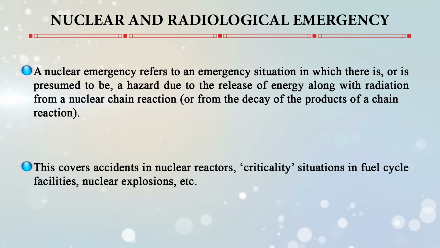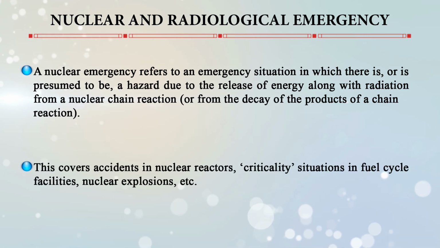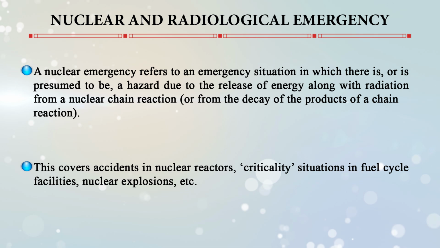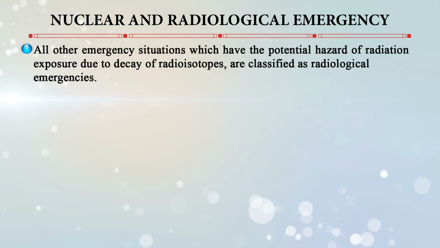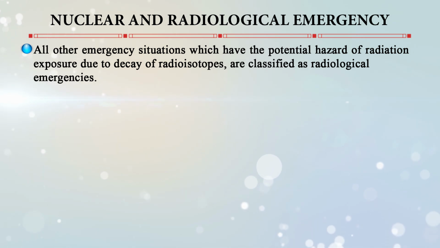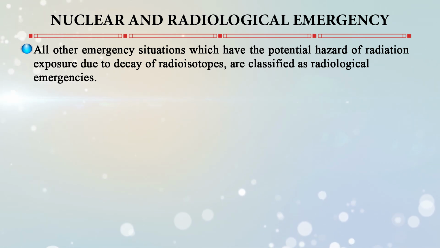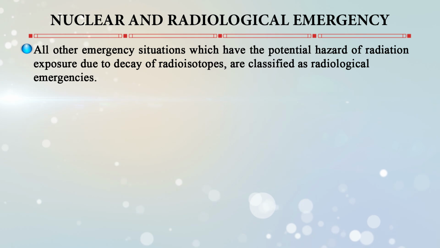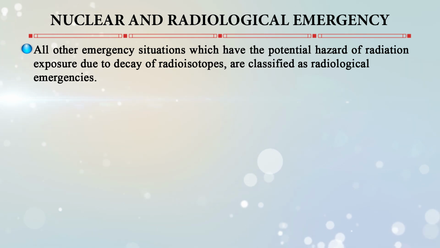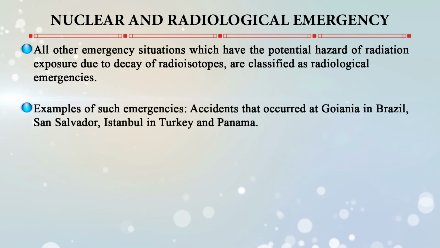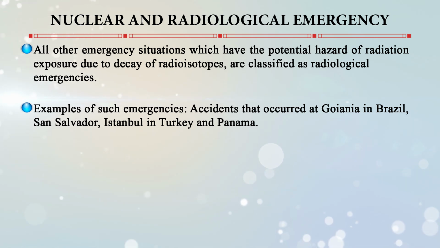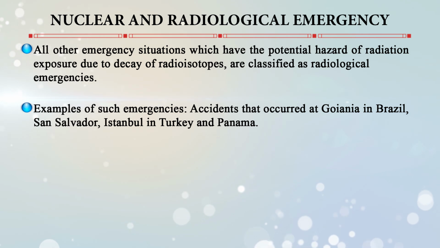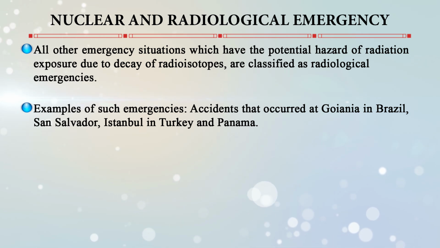This covers accidents in nuclear reactors, criticality situations in fuel cycle facilities, nuclear explosions and so on. All other emergency situations which have the potential hazard of radiation exposure due to decay of radioisotopes are classified as radiological emergencies. Some examples of such emergencies include the accidents that occurred at Goiânia in Brazil, San Salvador, Istanbul in Turkey and also in Panama.